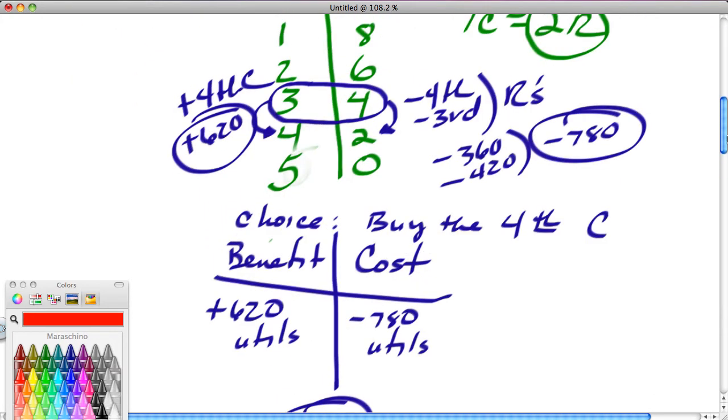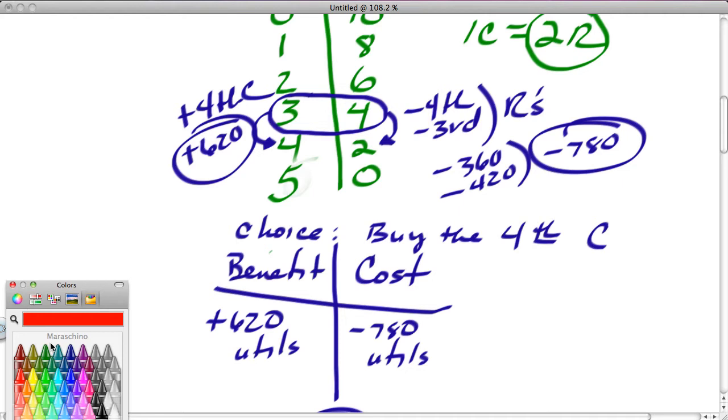Let me use a different color here. If we go from 4 coffee 2 rolls, if the buyer goes to 5 coffee 0 rolls, what happens? The buyer picks up the 5th coffee, which is worth what? The 5th coffee is worth 500 utils.